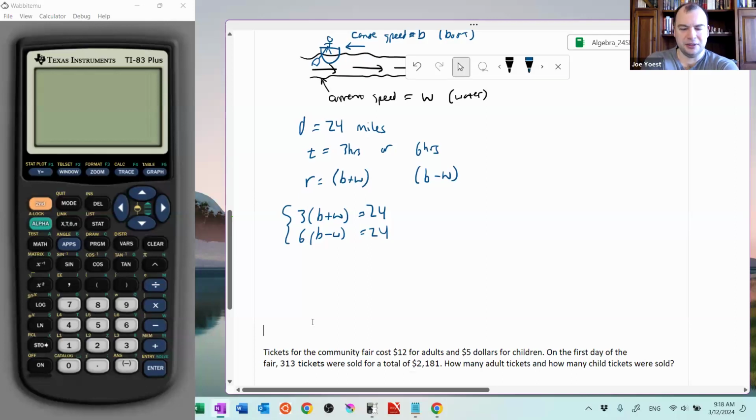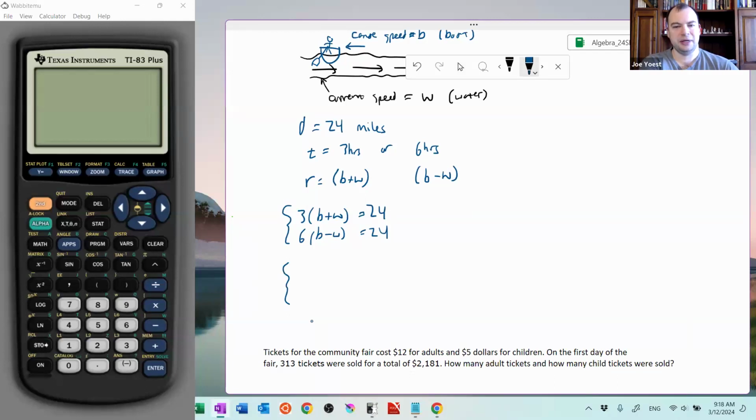And maybe to make these a little easier to graph, I'll divide both sides by 3 for the first equation and by 6 for the second equation. So 24 over 3 is 8. And then 24 over 6 is 4.